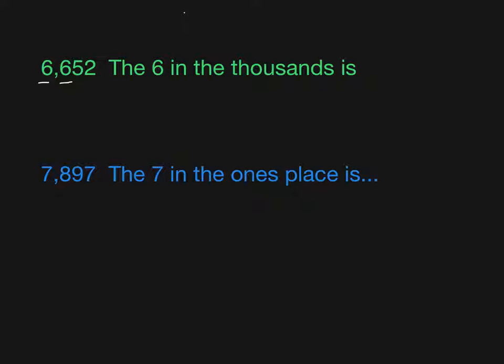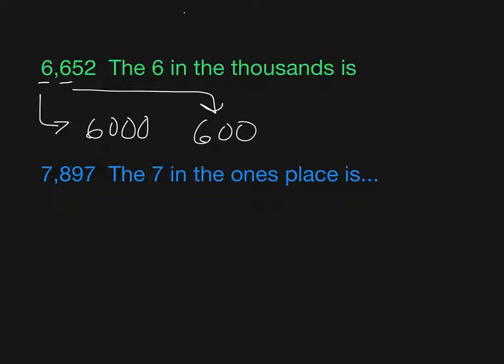So we could say that the 6 in the thousands is, first we need to ask ourselves, is the 6 in the thousands bigger or smaller than the 6 in the hundreds? So if we expand this out a little bit, you could say, well, this is 6,000 and this one is 600. So that should help us see that the 6,000 is bigger. And now we are looking at how many times bigger is the 6,000 than the 600.